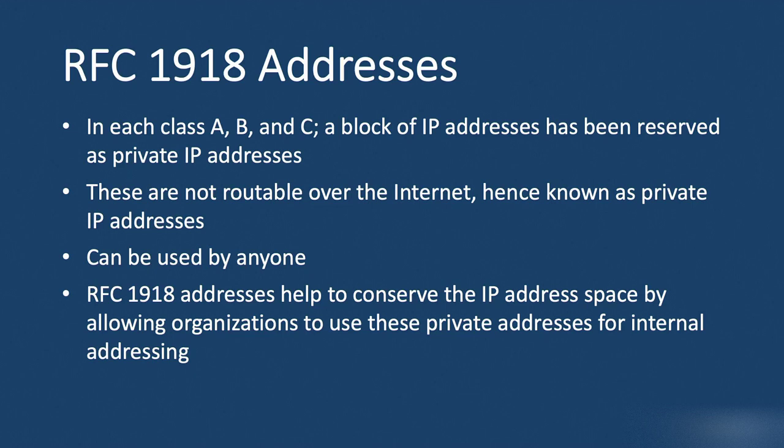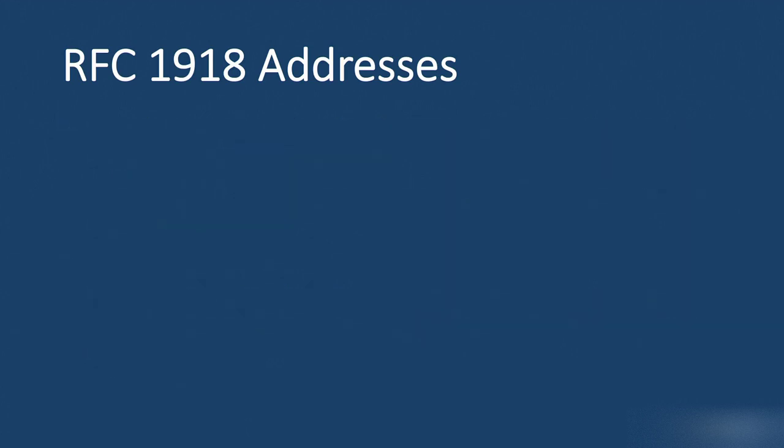We only have 0.0.0.0 to all 255s. And within that range, we have two classes which are reserved, Class D and Class E. So we're only left with Class A, B, and C, which is not a lot of IP addresses compared to the number of devices that we connect today. So these private IP addresses help us solve the problem of not having enough public IP addresses. Anybody can use them. So what are these IP addresses?